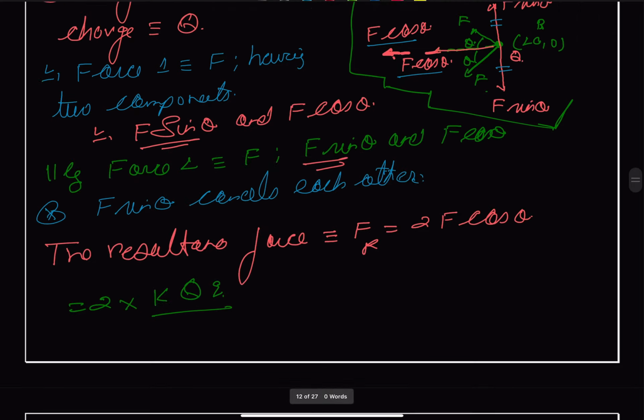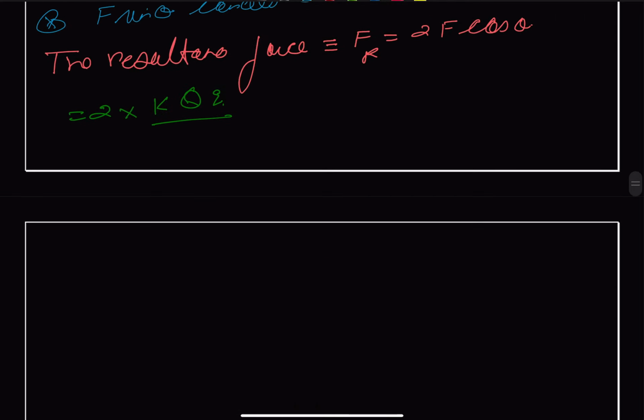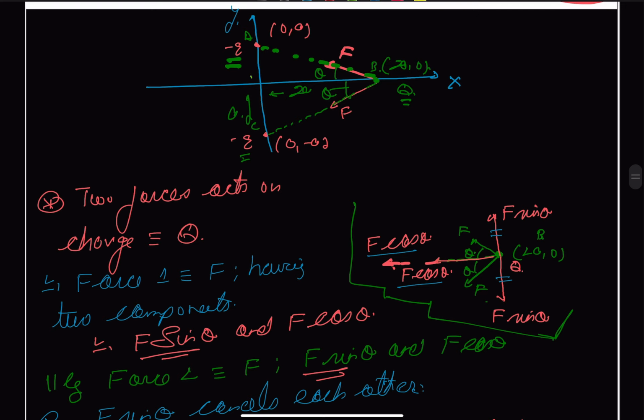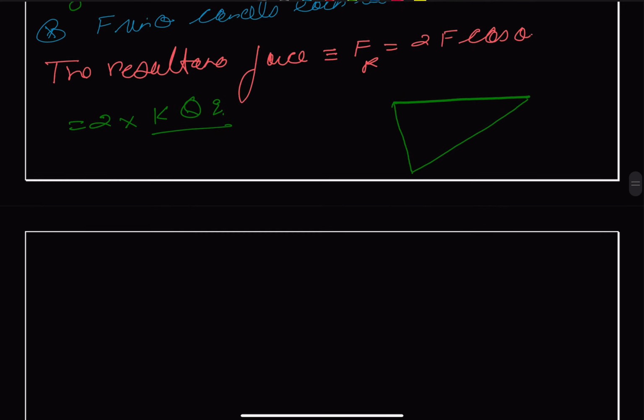So we can just draw a right angle triangle. Let us call this O, this will be our B, and this is our C. So this is our 2A and this is our A. So this distance becomes the square root of 2A whole square plus A square.